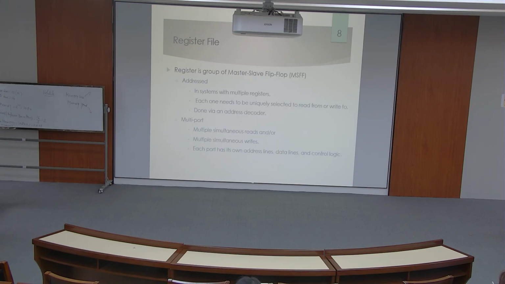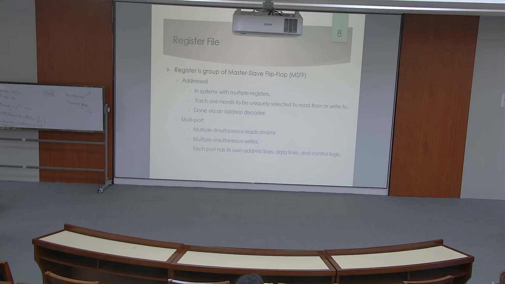Now, let's talk a little about registers, the register file. We have a register, which is a group of master-slave flip-flops, and it can be addressed or multi-port. For addressed, it is in a system with multiple registers, and each one needs to be uniquely selected to read from or write to.